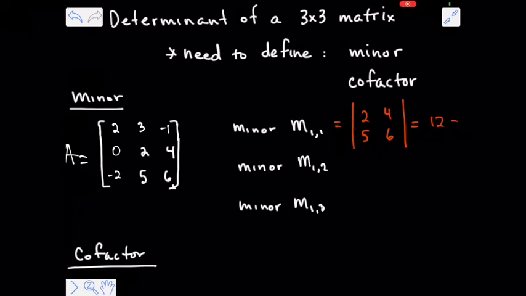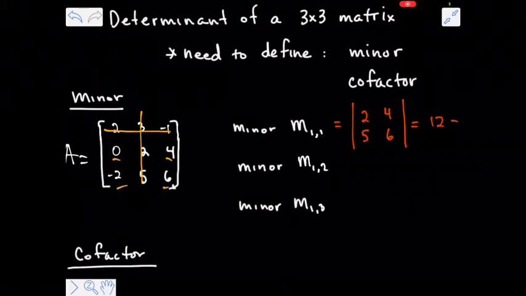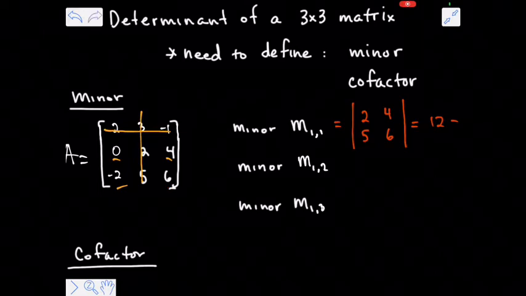So for 1, 2, this one here, we would cross out still row 1, but now we cross out column 2. And you can see that leaves those 4 numbers there. So that would comprise that smaller matrix.